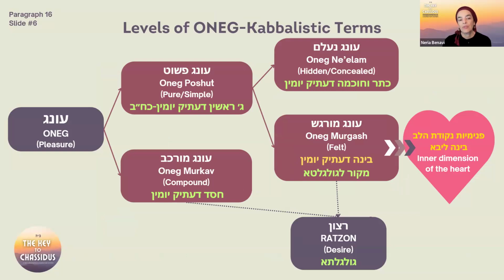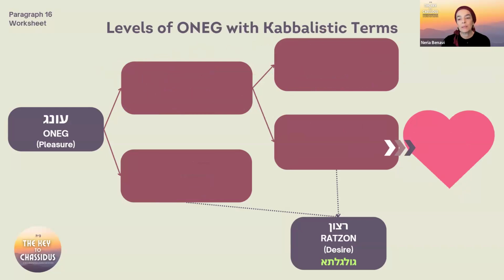And so the first split to Oneg Pashut or Oneg Morkav is a split into the intellect of Oneg and the midot of Oneg. Because that's what he explains in the Kabbalah, that Oneg Pashut is then Keter, Chochmah, and Bina, which is intellect, as it were, of Oneg. And then Oneg Morkav is the beginning.